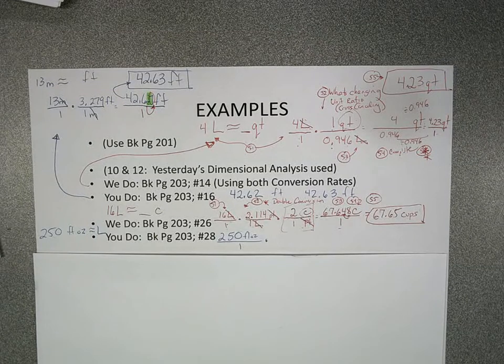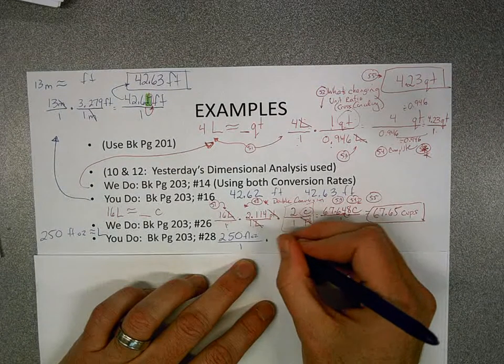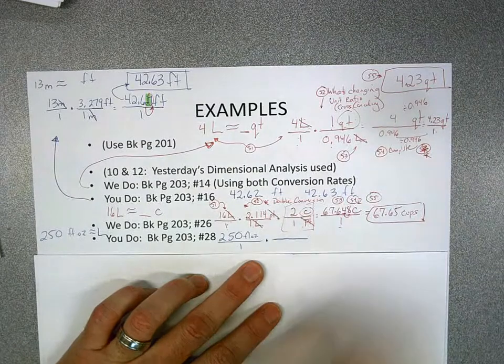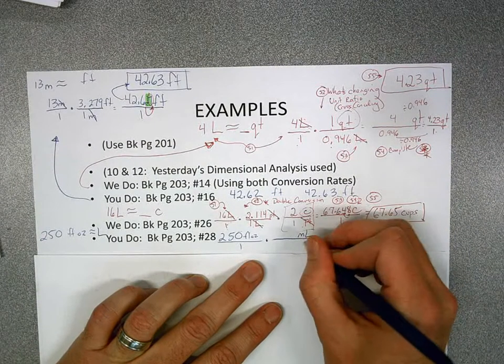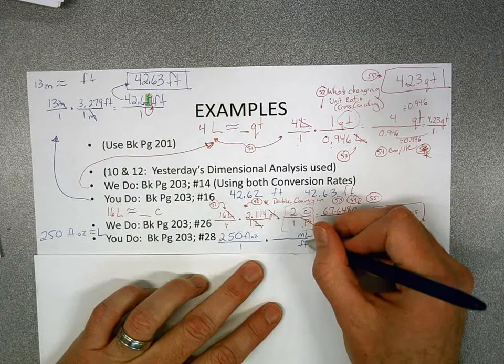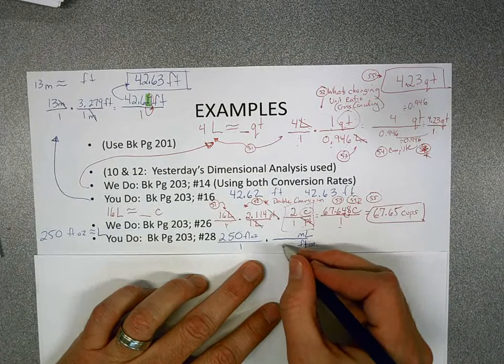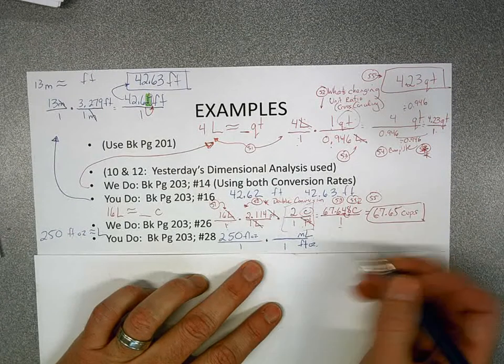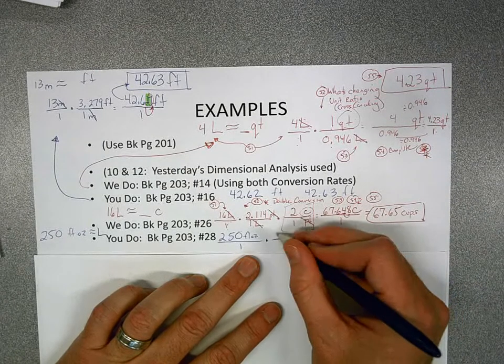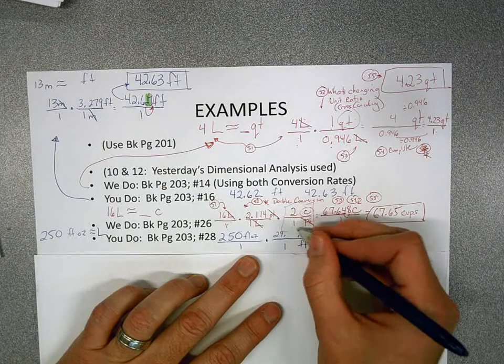So I'm going to use the milliliters and fluid ounces. I'm going to try to keep this as 1 down here. So 1 fluid ounce equals 29.574 milliliters.